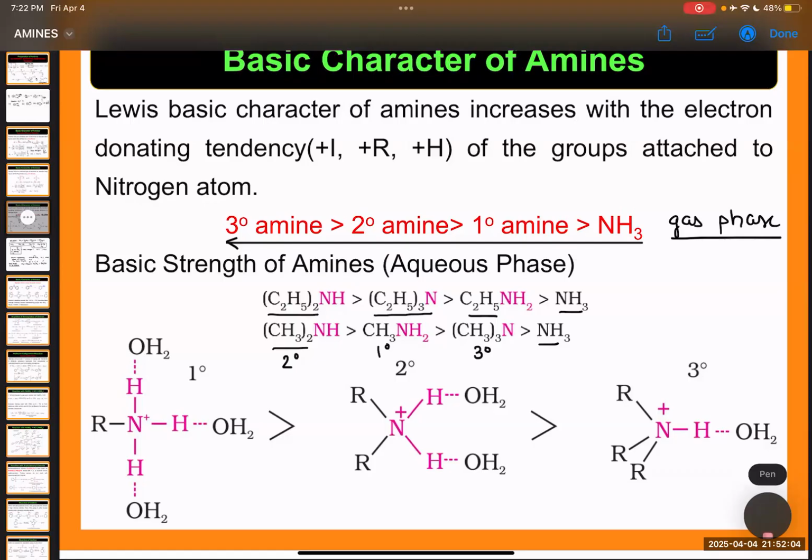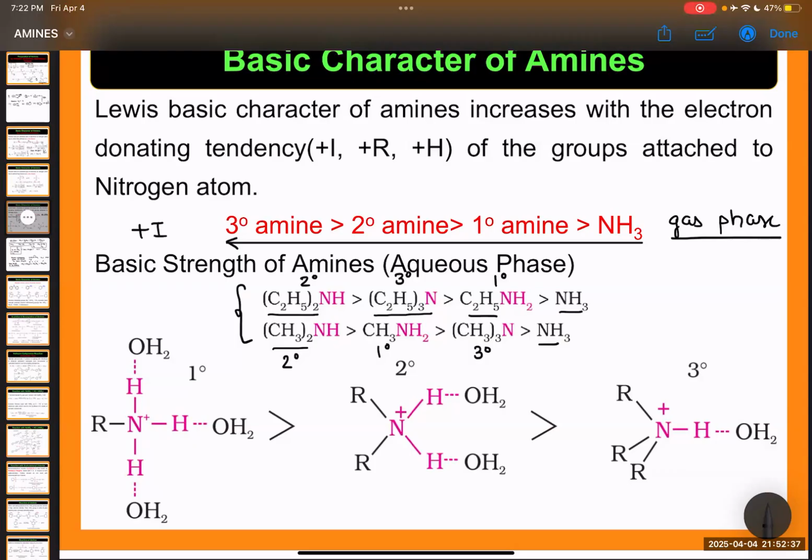For ethylamine, this is from your NCERT only, okay? For ethylamine, it is going to be secondary, tertiary, primary, and ammonia. So one thing is common, that the secondary amines are more basic in water, but in gas phase the tertiary amines are most basic as per the inductive effect, plus I effect.